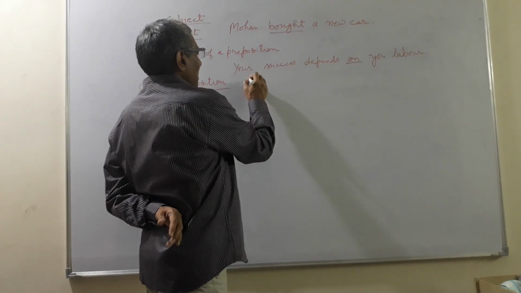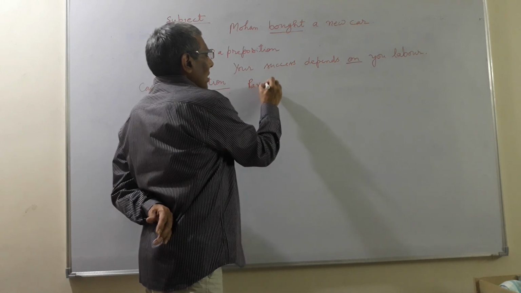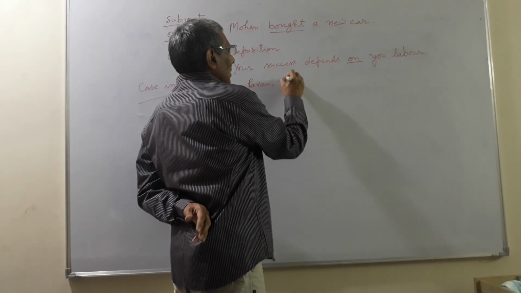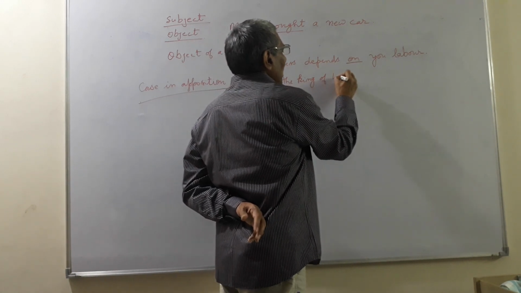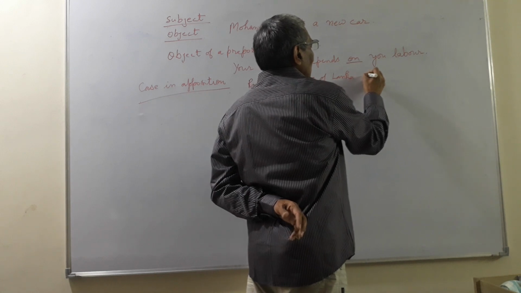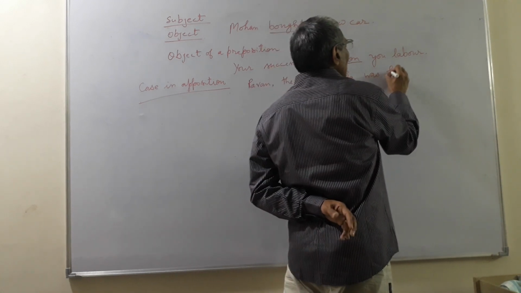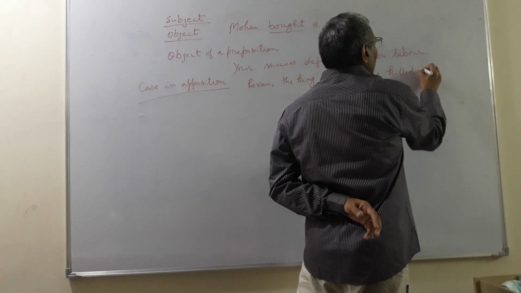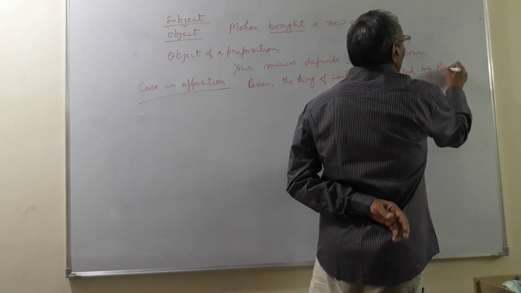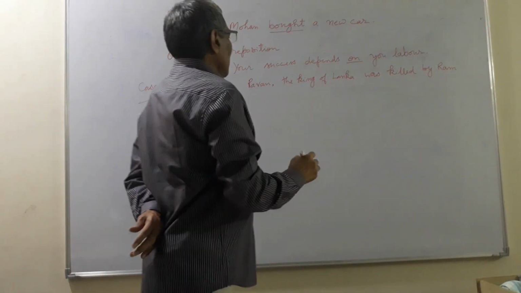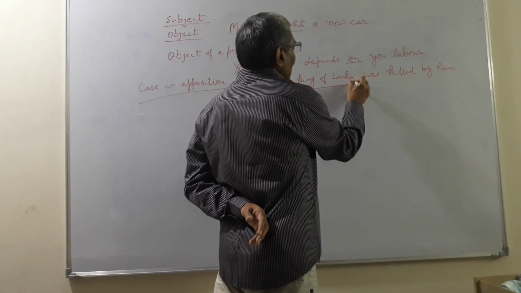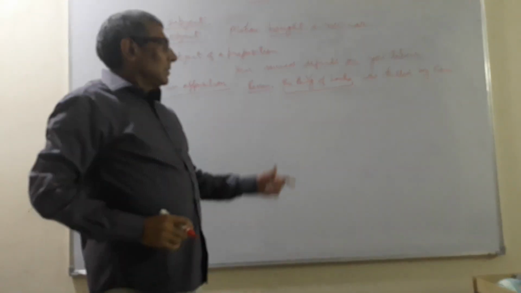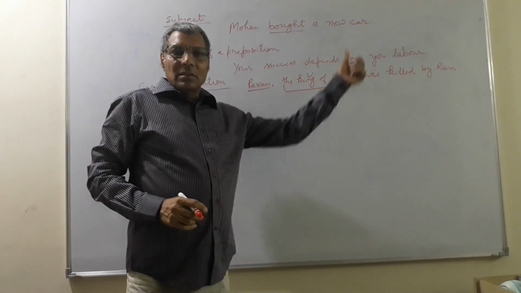For example, Ravan, the king of Lanka, was killed by Ram. You see, Ravan and the king of Lanka, both are referring to a same person.